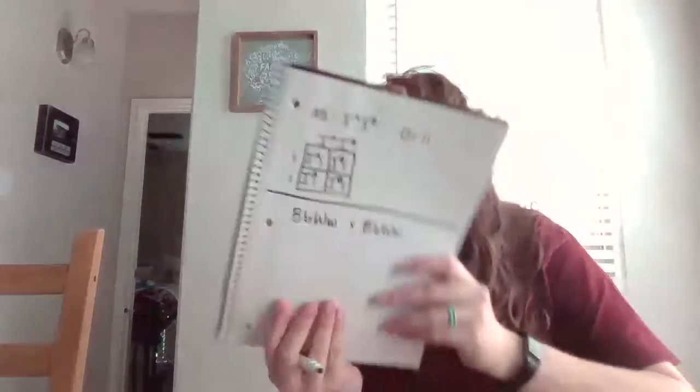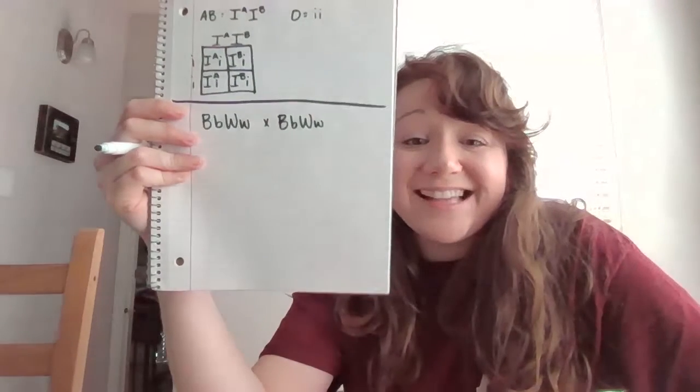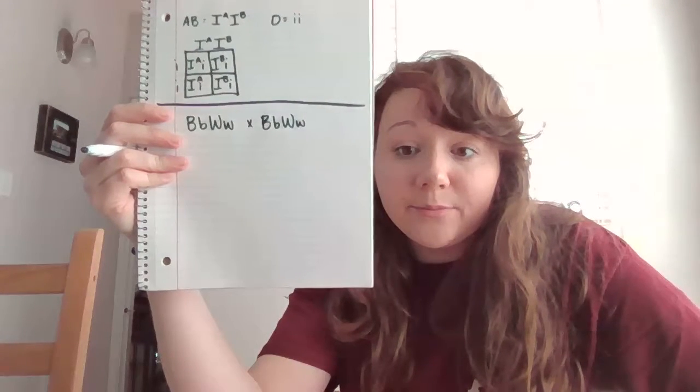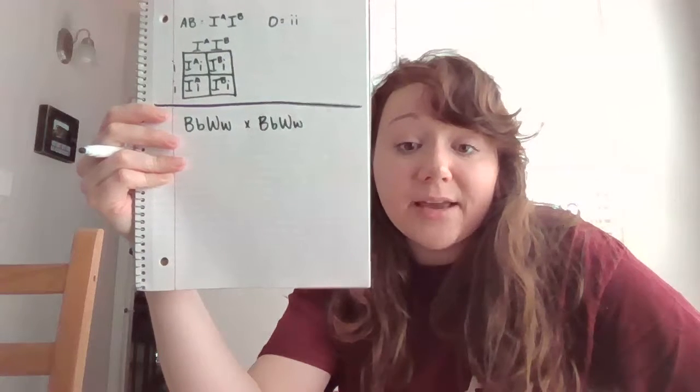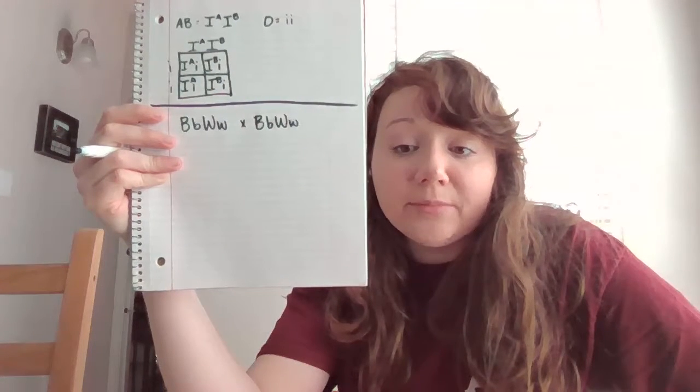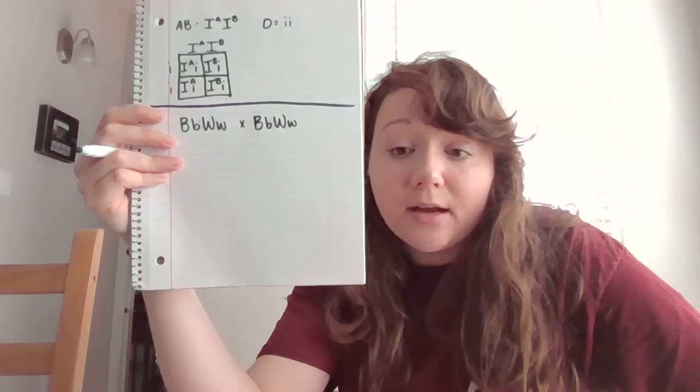So that would mean if two of them were crossed, it's BW crossed with BW. That's what you would be crossing because they're saying it's a heterozygous phenotype. We're going to do a Punnett square for this to see.